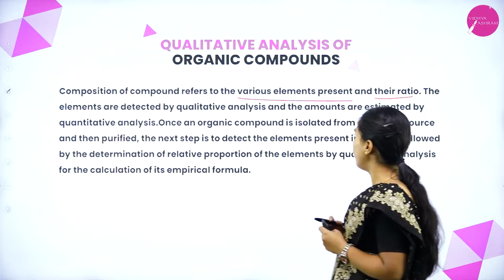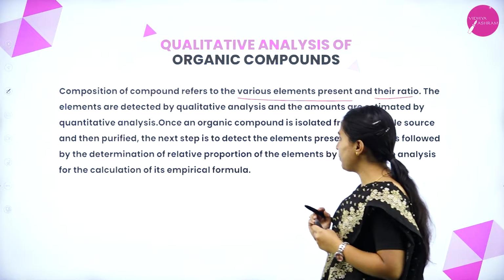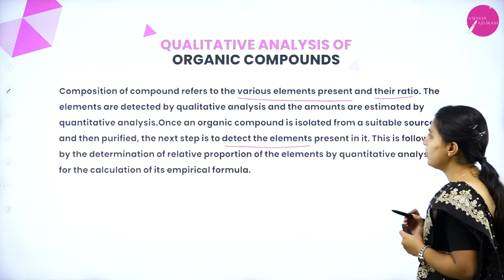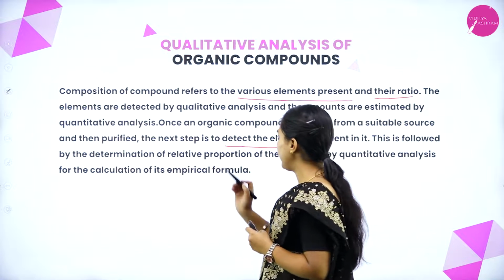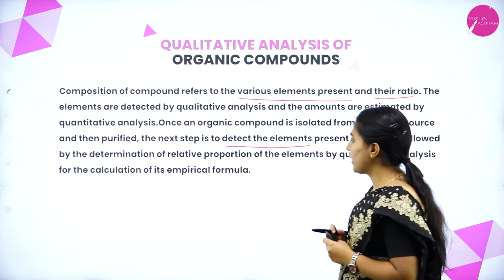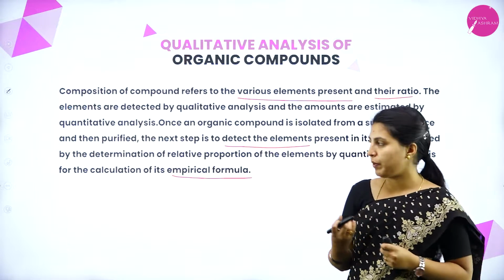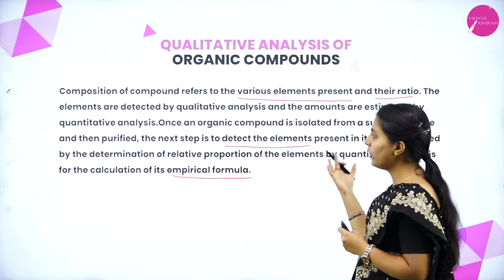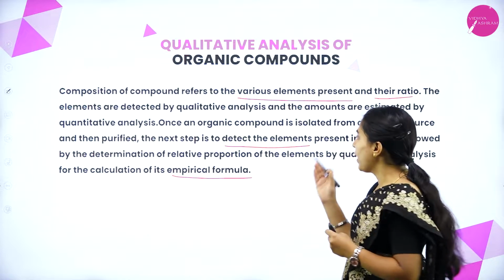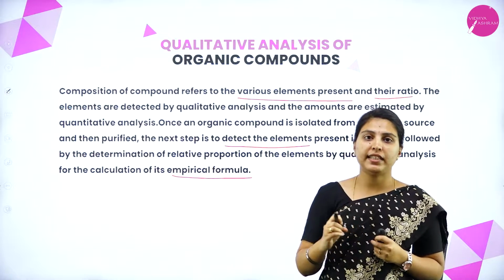Once an organic compound is isolated from a suitable source and then purified, the next step is to detect the elements present in it. This is followed by the determination of the relative proportion of the elements by quantitative analysis for the calculation of its empirical formula. Once again I am explaining: after purification, we have to analyze what elements are present in that compound.